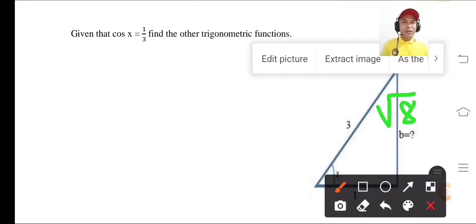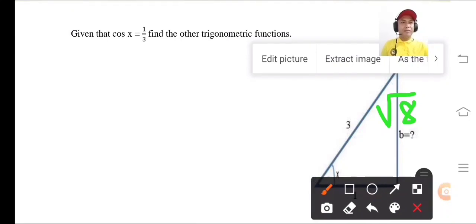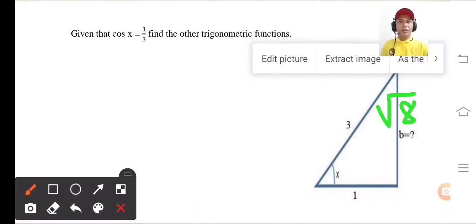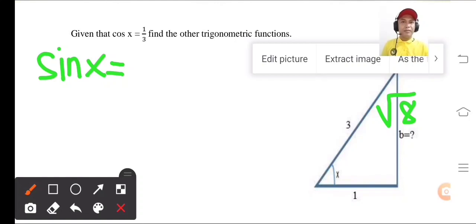So we can now solve for the 6 trigonometric functions. For sine x, sine is opposite over the hypotenuse. So square root of 8 over 3.